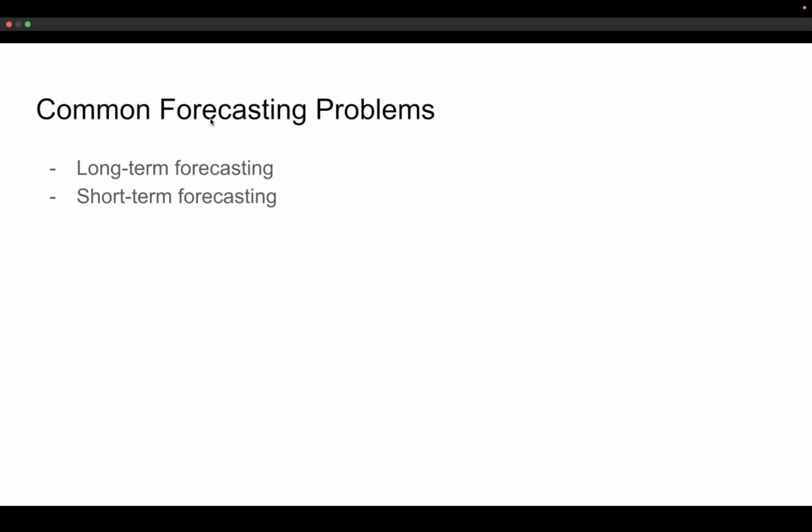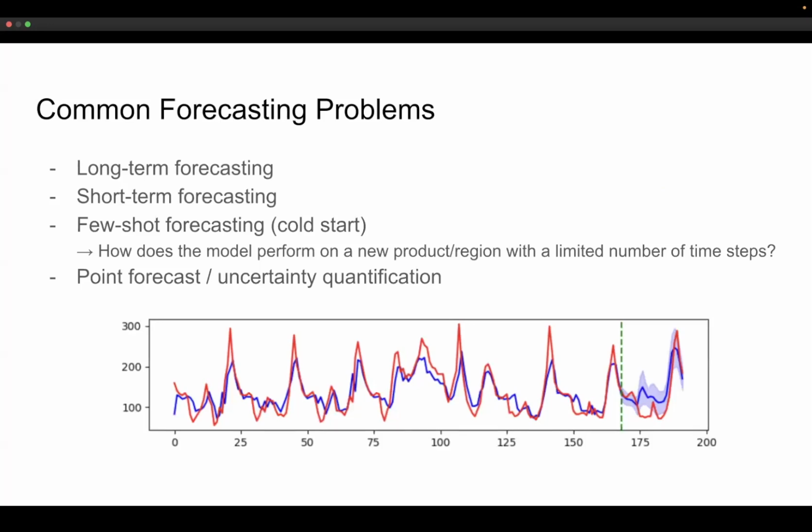And there are some common time series forecasting problems. So there are long-term forecasting and short-term forecasting, which is basically how many steps into the future you want to do the forecast. Besides that, there's also the cold start problem, which means that for some variables, we only have very limited history.